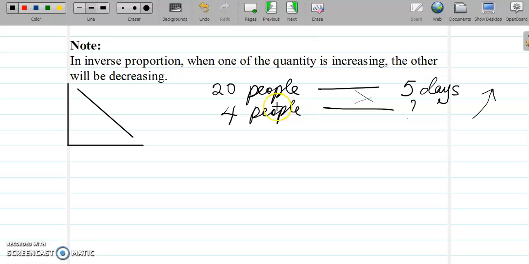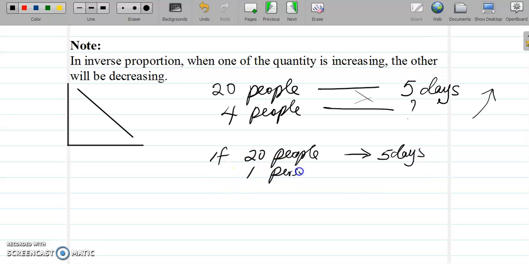So in inverse proportion, to solve this problem, if 20 people completed a work in 5 days, then one person will do the work in 20 times 5. You see that?